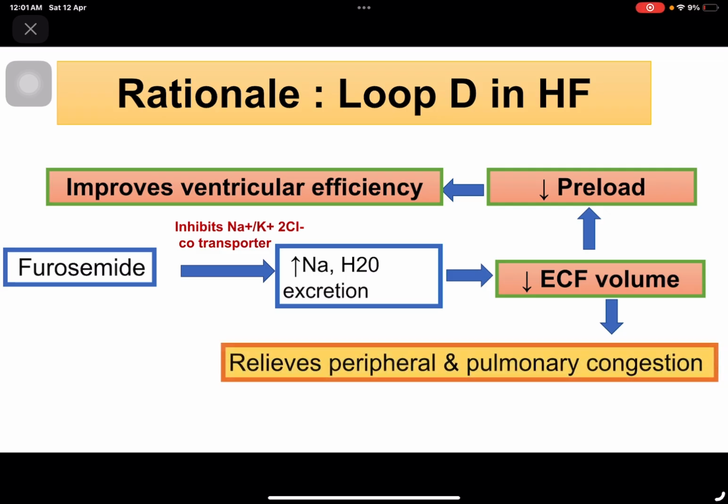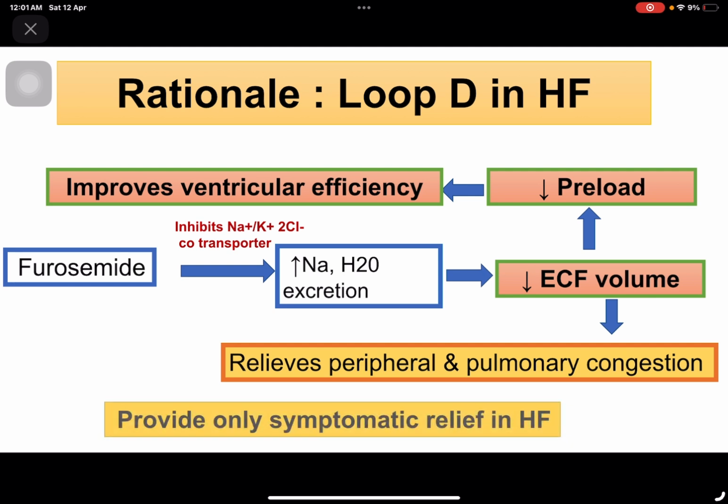If extracellular fluids are reduced, then there is relief from peripheral and pulmonary congestion and edema. That provides only symptomatic relief in cardiac failure.